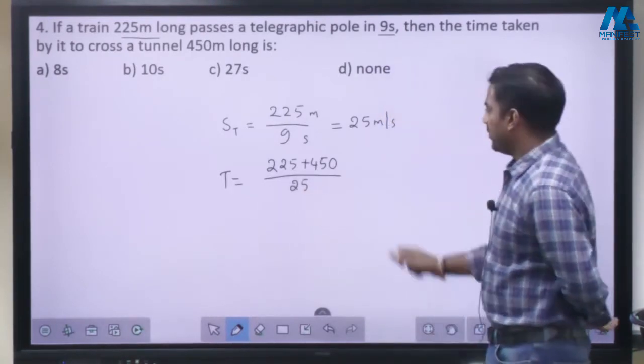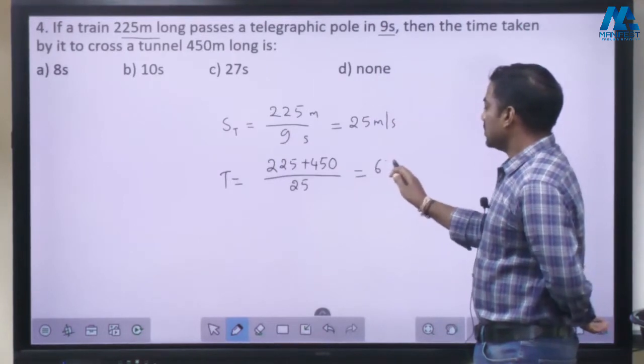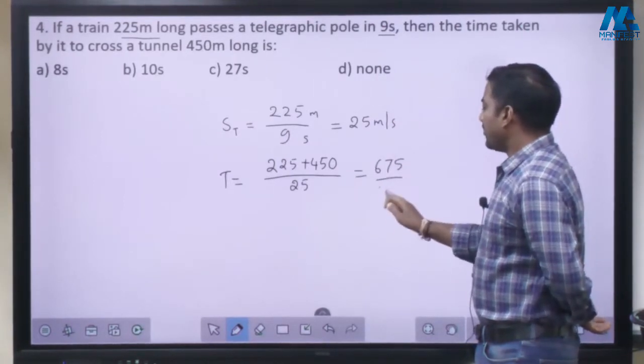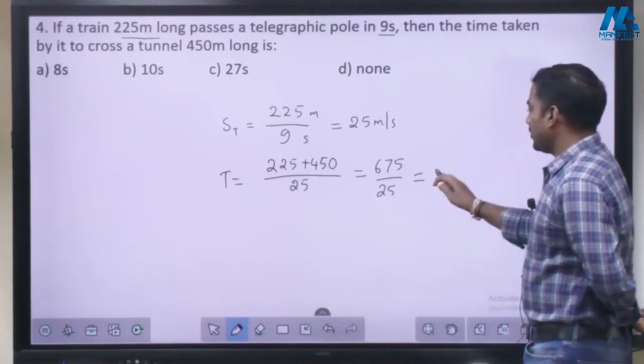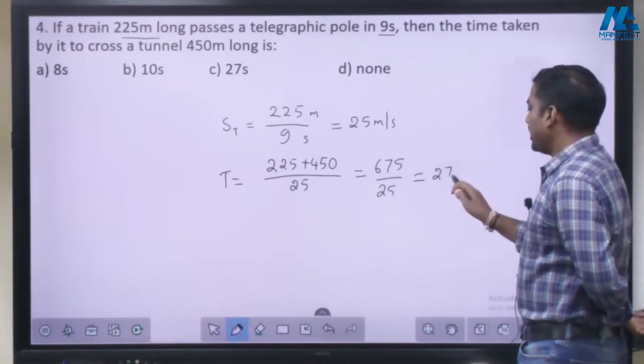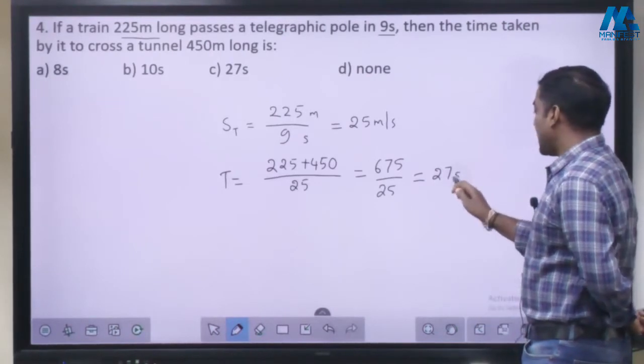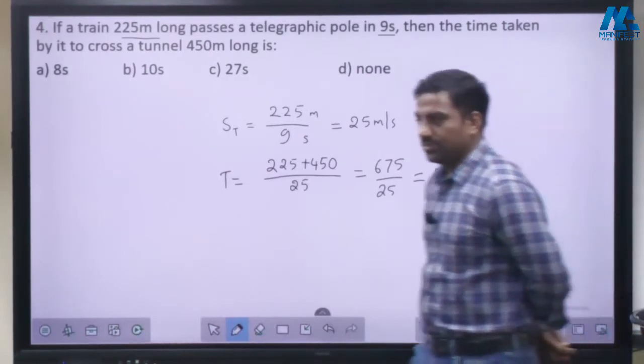Speed is 25. So this is 675 divided by 25. 25, 2s are 50, 175 is left, 25, 7s are 175. So time required is 27 seconds.